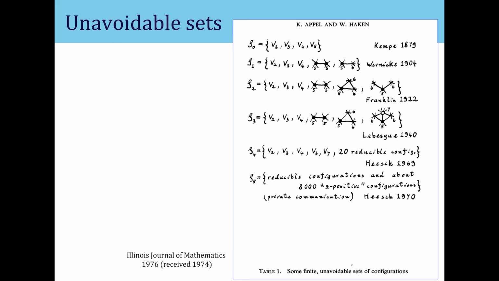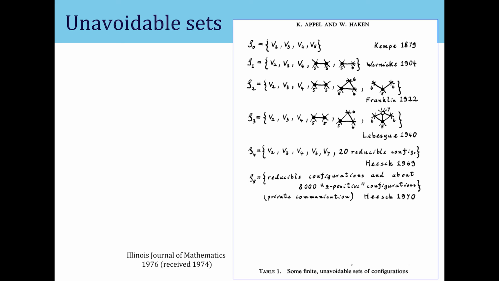And Lebesgue had another unavoidable set in 1940. Heesch had an unavoidable set in 1969 with 25 configurations in it, almost all of which were reducible. And then in 1970, Heesch had an unavoidable set of 8,000 configurations that looked like they might be reducible, right?